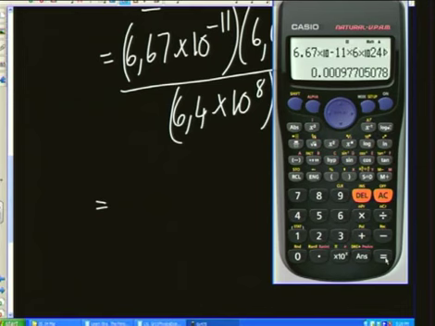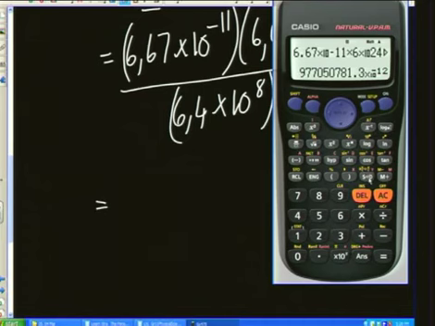I push equals, and look at the size of this force. If I go to my scientific notation, which I'm just going to do to engineering, it's going the wrong way. It's getting too big. Let's go back.